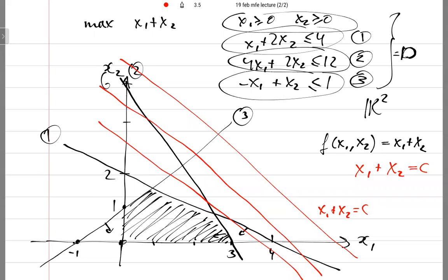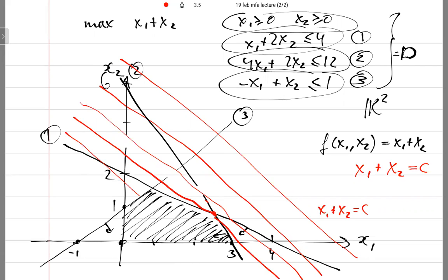The distance between level curves in my scenario should be constant. Maybe one passing through that point, and so on. Okay, these are level curves. I see that c grows in the right north direction.